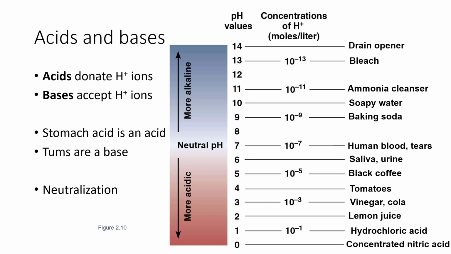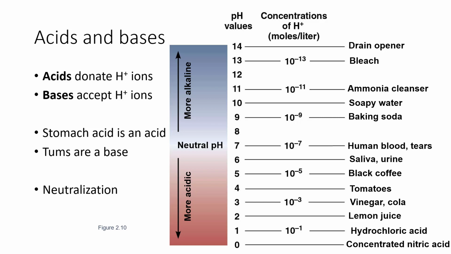Stomach acid is another example of an acid, and Tums are a base. And when these are mixed, they neutralize one another, which means if you add one thing that can donate protons and something that can take them, then you put them together, they end up neutralizing and coming closer to a neutral pH, which would be 7.